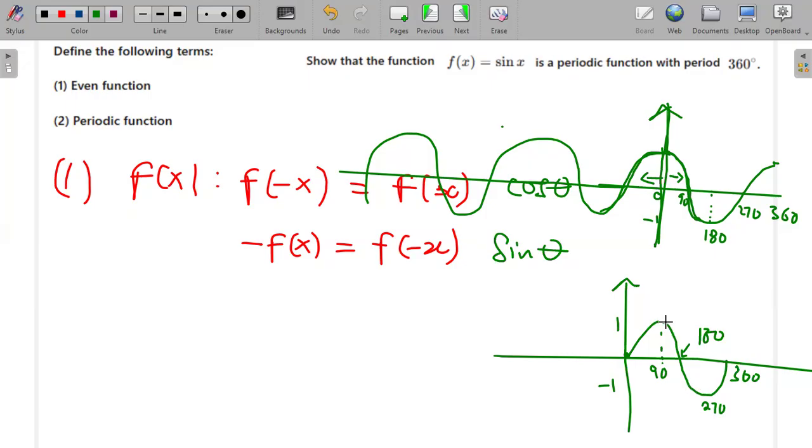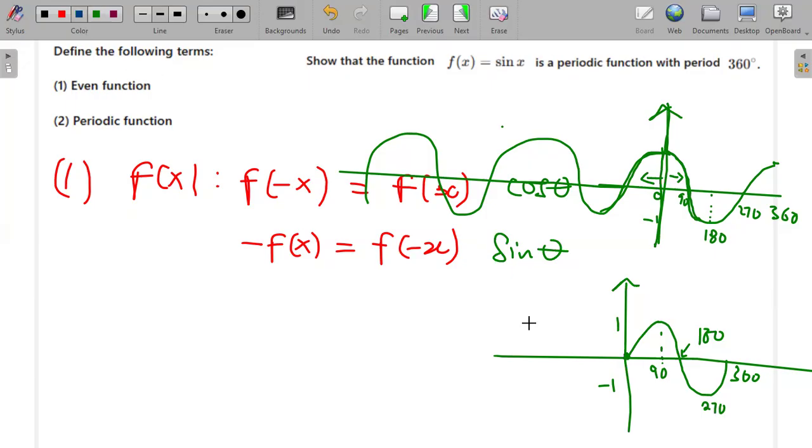So you can see that this is symmetric about the origin. Not necessarily the x-axis, no, but it's symmetric about the origin, because this is the origin here, right?